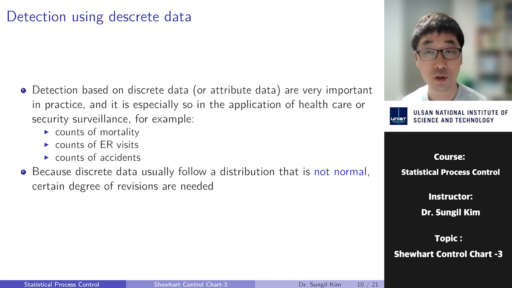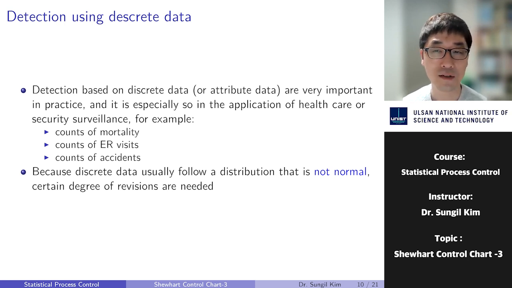Now let's talk about short control chart for attribute data. Detection based on discrete data or attribute data are very important in practice. And it is especially so in the application of healthcare or security surveillance. For example, count of mortality, ER visit, and accident.